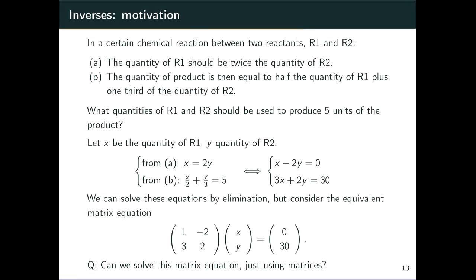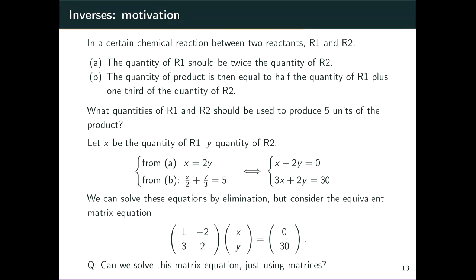So instead, we could try and solve this problem here, because these equations are exactly the definition of this, because we would have 1 times x minus 2y equal to 0, and then 3x plus 2y equal to 30. And can we solve this equation by just using matrices?